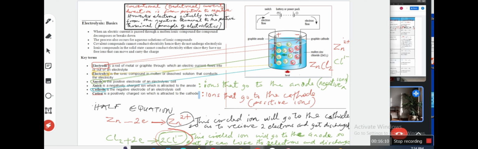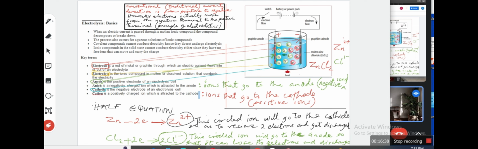So see this chlorine ion. It is negatively charged, is it not? For it to become discharged, it has to lose the excess electron it has. Did you hear what I said? It has to throw away the excess electron it has. So hasn't it been oxidized?